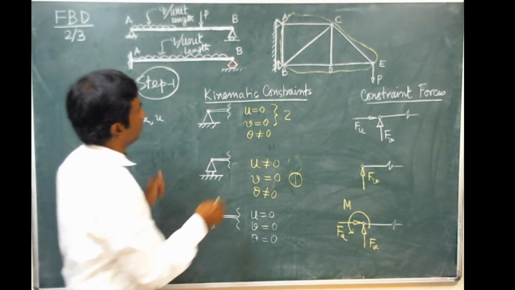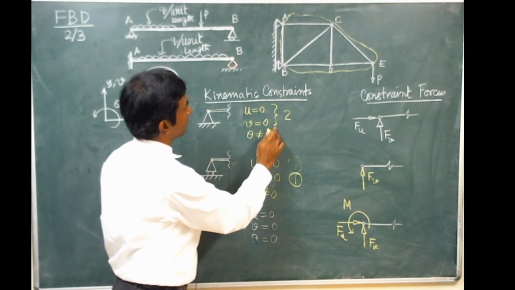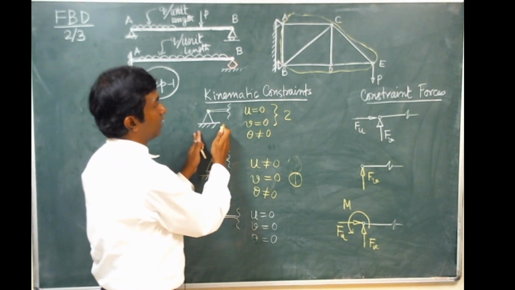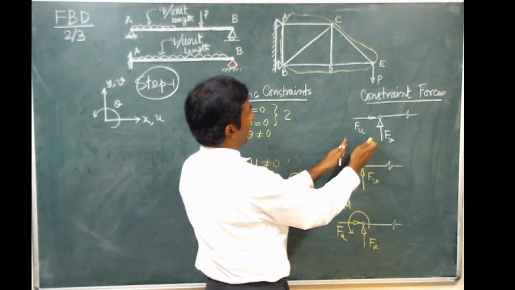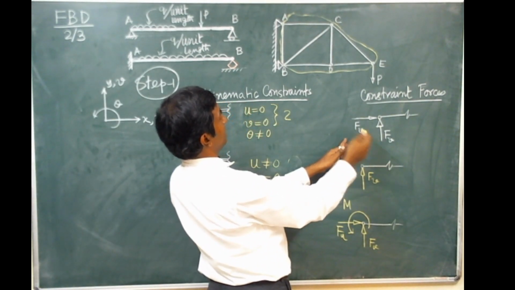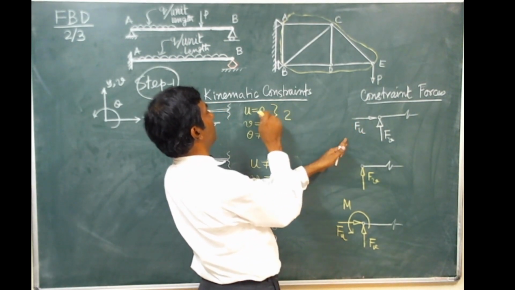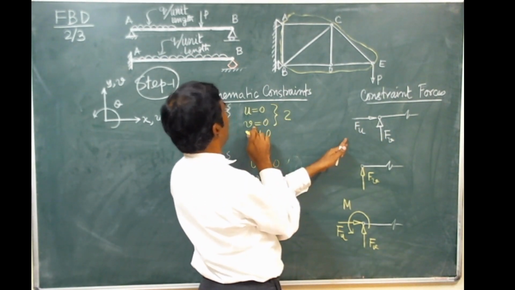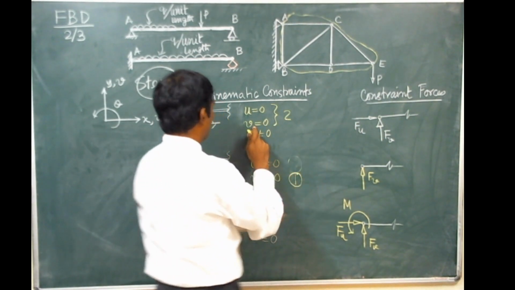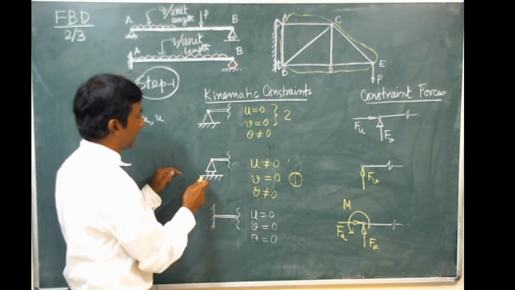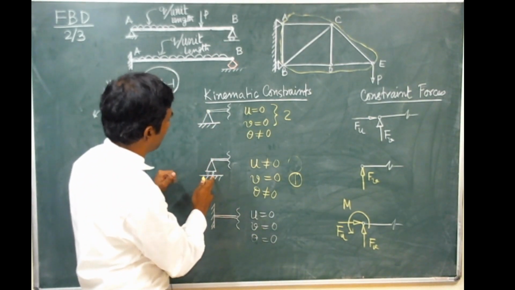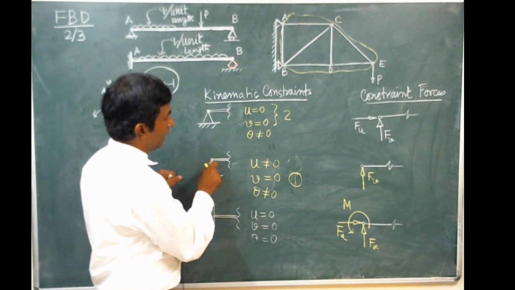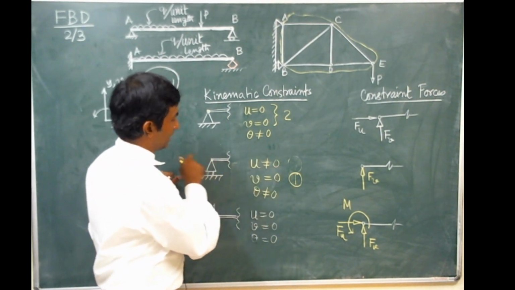So we actually have two kinematic constraints, u equals 0, v equals 0. So when you draw the free body diagram, you identify two constraint forces. Fu is the constraint force for the constraint u equals 0. Fv is the constraint force that corresponds to v equals 0. When you come to the second type of support, that means the roller support, here you see this support is free to move along the x-axis direction.